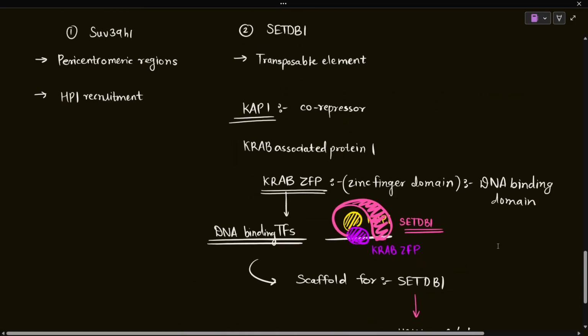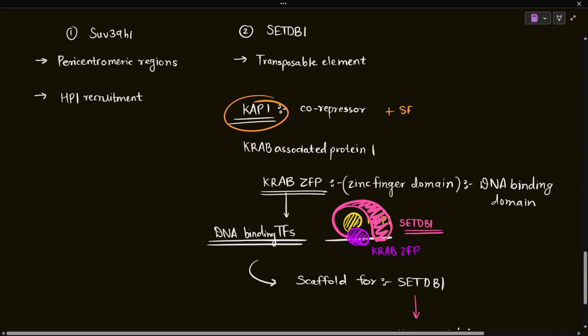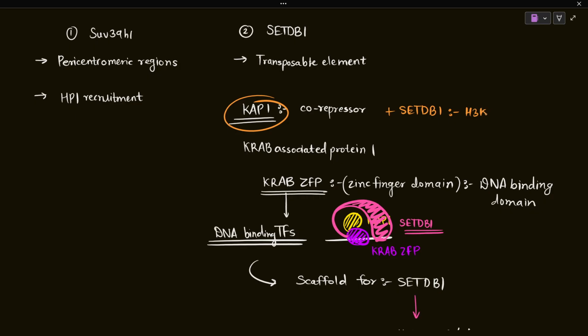Alongside KAP1, SETDB1 works and methylates the ninth lysine residue. It adds the methylation mark, and now this represses the genes or the transposable elements, the genes which are downstream to the DNA sequence to which the KRAB ZFP binds.